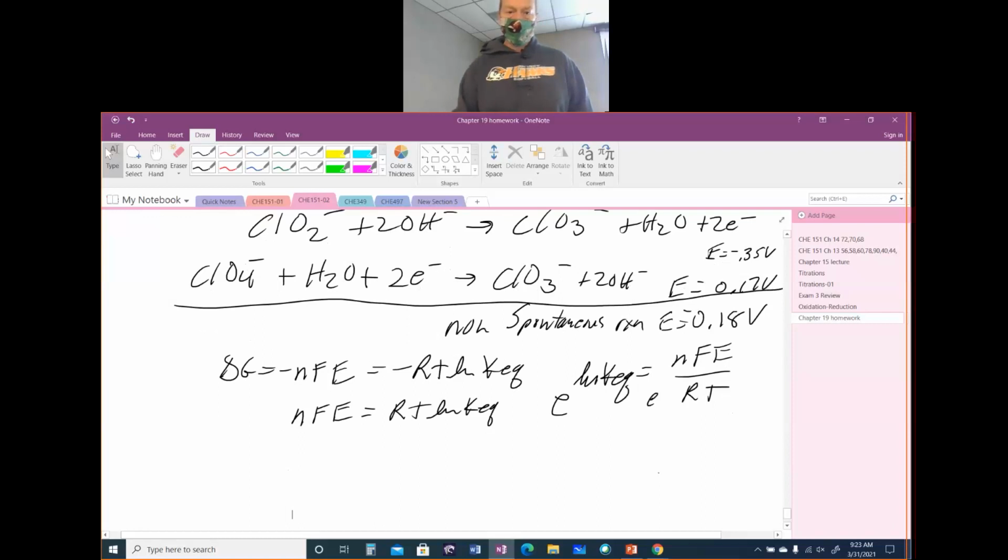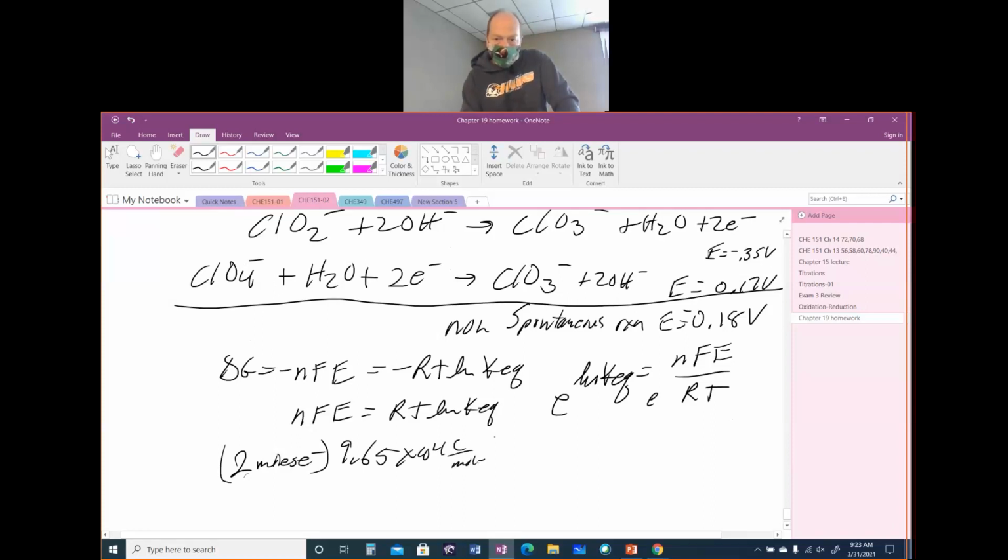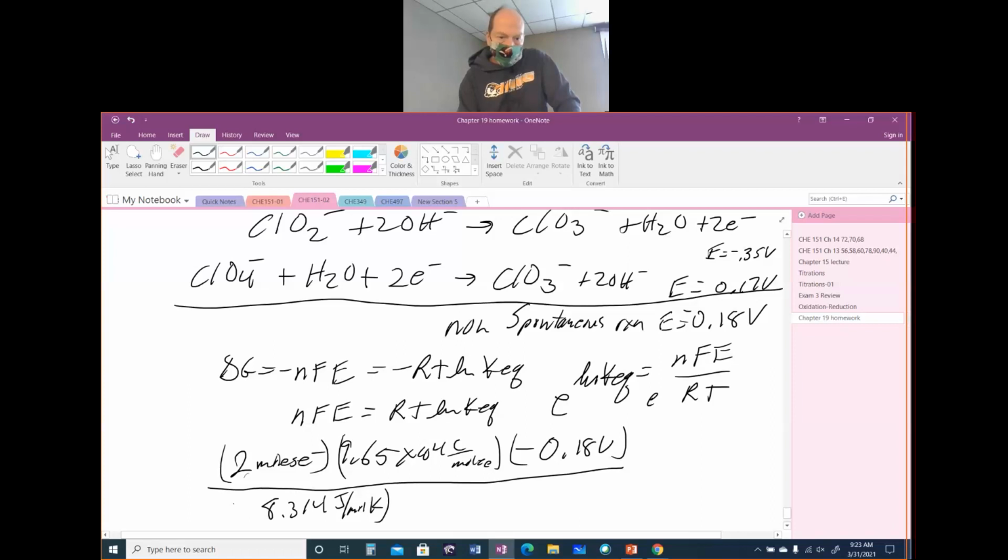So now we just plug in our numbers. n is 2, 2 moles of electrons, 9.65 times 10 to the 4th coulombs per mole of electrons. That's your F. Your E, we calculated, negative 0.18 volts, divided by the R value, you have to use the 8.314 joules per mole Kelvin.